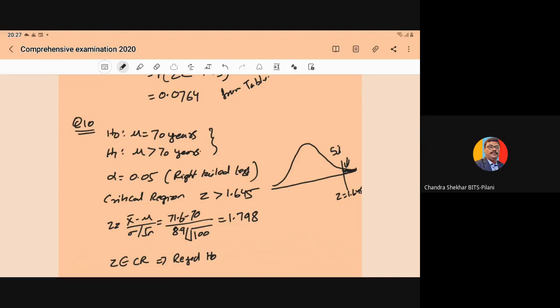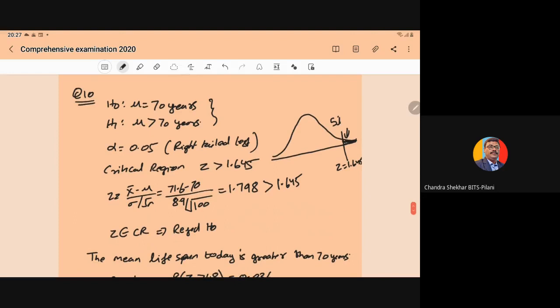So here z is equal to x bar minus mu upon sigma upon root n. It is given to you from the sample of 100 people, sample mean is equal to 71.6. So 71.6 minus 70 upon the population standard deviation, which is known, 8.9, upon root of the sample size, root of 100. So it will give you 1.798. So 1.798 is clearly greater than 1.645, right?